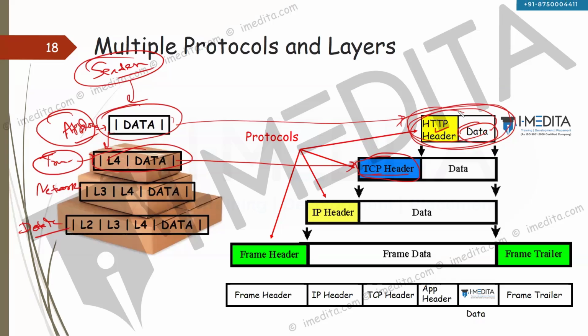So if you have data at layer 7 that is encapsulated by HTTP, it is given to the transport layer, where TCP is working. Remember that it is not mandatory to use only TCP at the transport layer. You could also use UDP, and there are some other protocols as well. But we are assuming here that we are leveraging TCP, therefore TCP would be responsible for encapsulating your entire data.